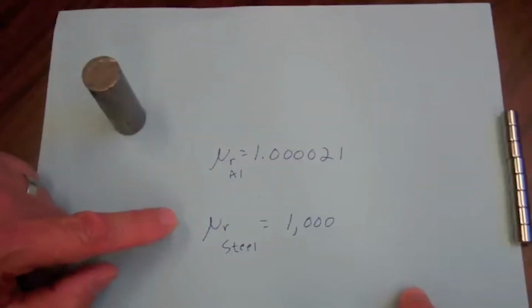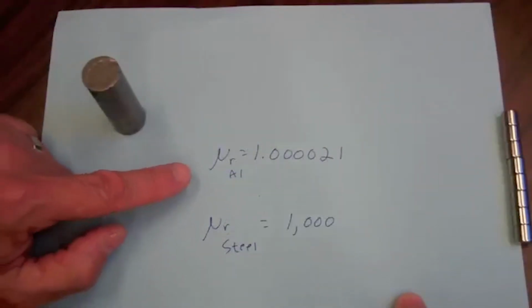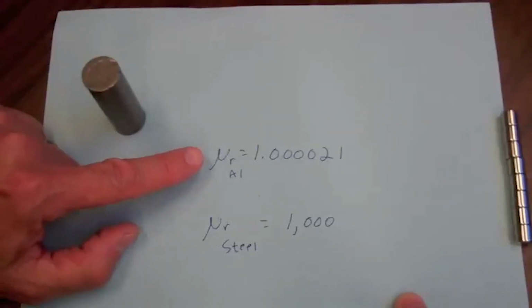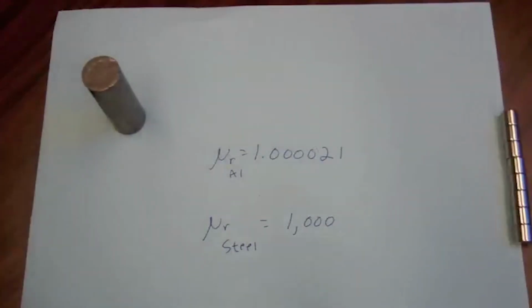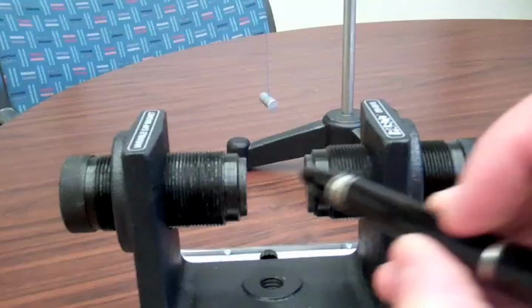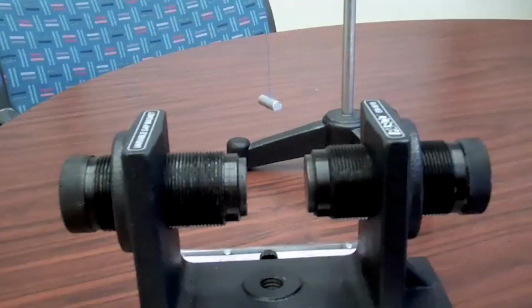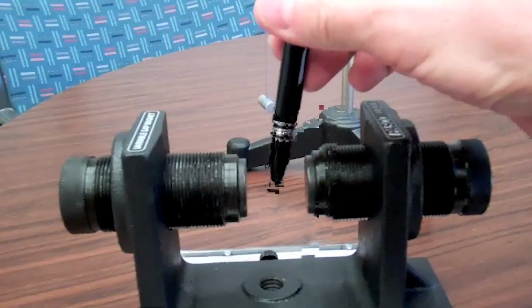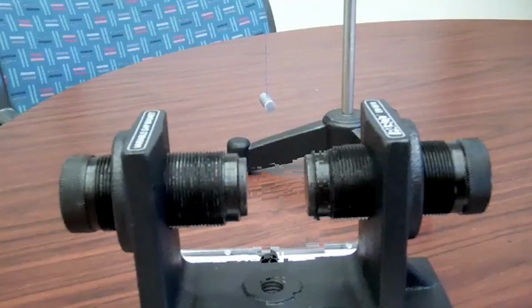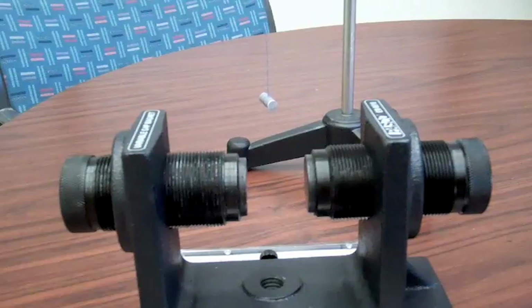But I want to show you an experiment that will demonstrate that there is a slight magnetization of aluminum when the aluminum is placed in a magnetic field. I have a variable gap magnet here that produces about a ½ Tesla magnetic flux density in the center of this gap. That's a very large magnetic field.